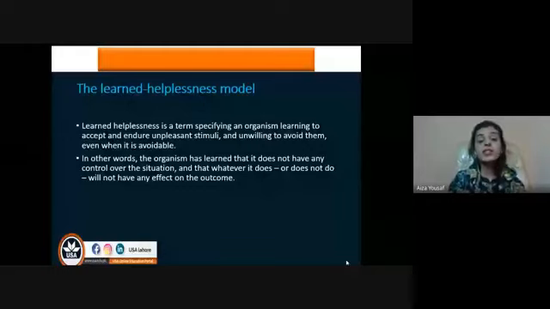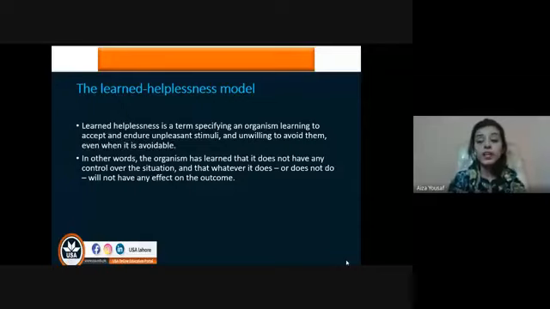It refers to an organism learning to accept and endure unpleasant stimuli and being unwilling to avoid them even when they are avoidable. As the name represents, in learned helplessness the patient learns that there is no hope, and the patient thinks that he is unable to do anything to avoid such depressive circumstances.